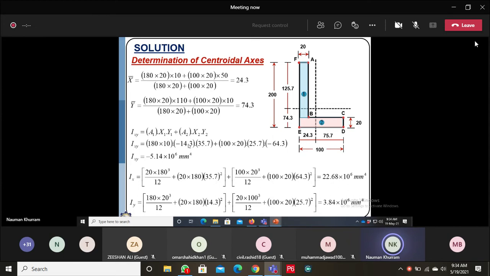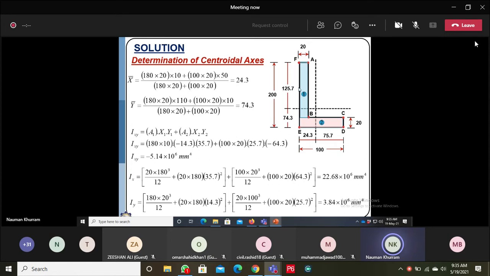So I have already told you that in this equation you need to substitute the x1 and y1 values with their quadrant sign. This area 1 has its centroid in the second quadrant, so its x coordinate will be negative. Similarly, y1 will be the total distance from the centroidal location of this net area from the top surface, which is 125.7.